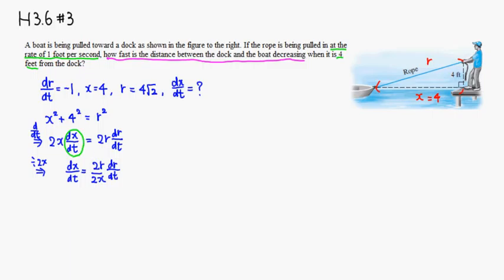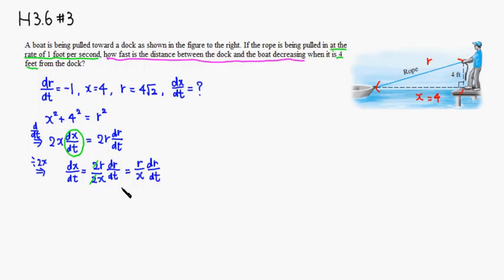We can cancel the 2 on top and the 2 on the bottom, so we get r over x times dr over dt.